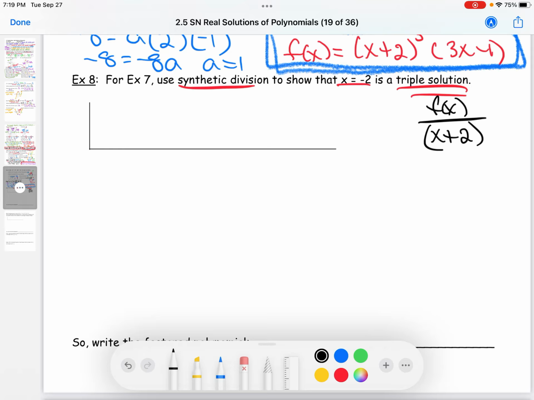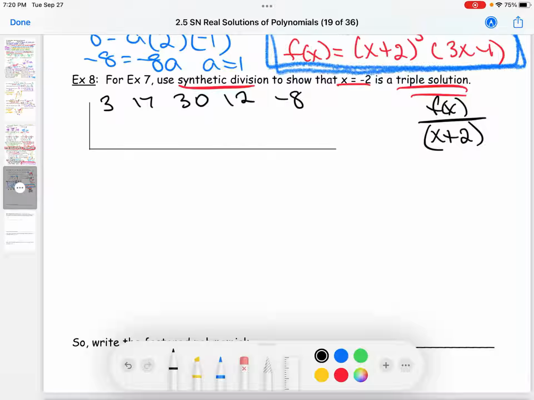So to show that, we see how many times we can use synthetic division and have it be a remainder of 0. So that original function started with a fourth power. We had all the powers, 4, 3, 2, 1, none. So no skips. So 3, 17, 30, 12, -8.